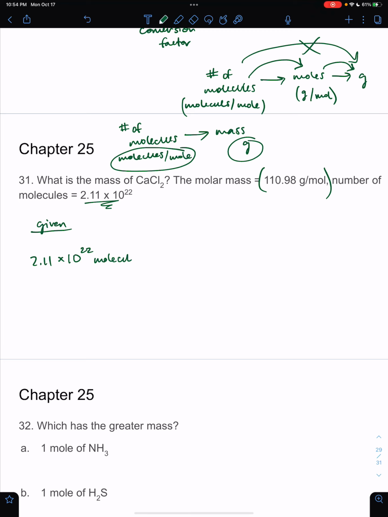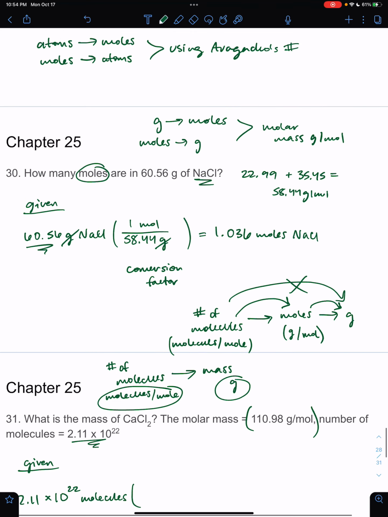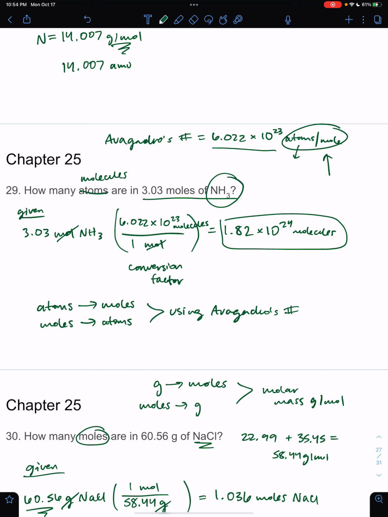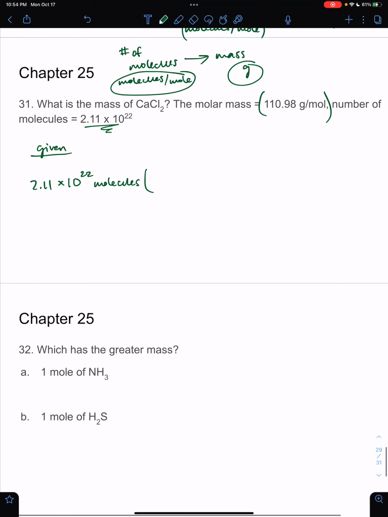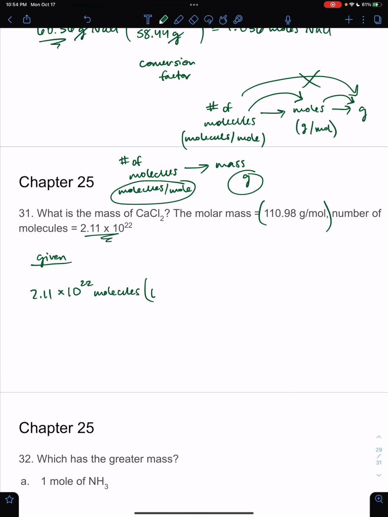So we're starting with molecules. The only conversion factor we have that includes molecules is Avogadro's number, right? Because that can be either atoms or molecules per mole. So if we want to cancel molecules, we're going to put 6.022 times 10 to the 23rd molecules on the bottom, 1 mole on the top.